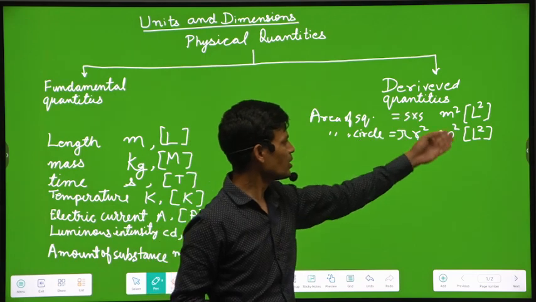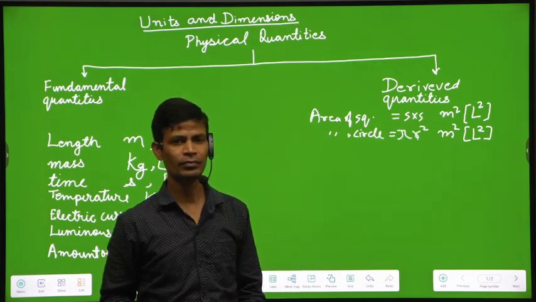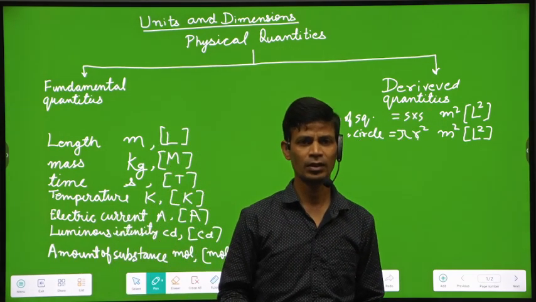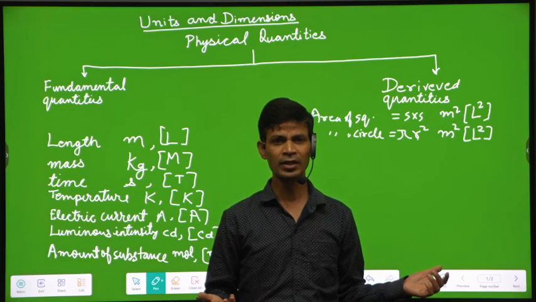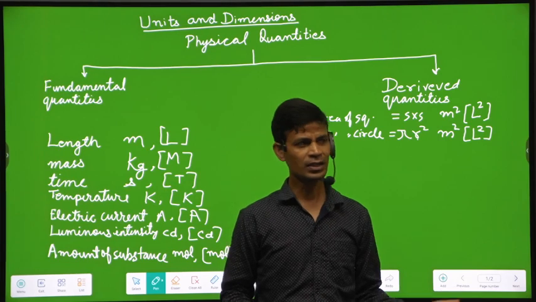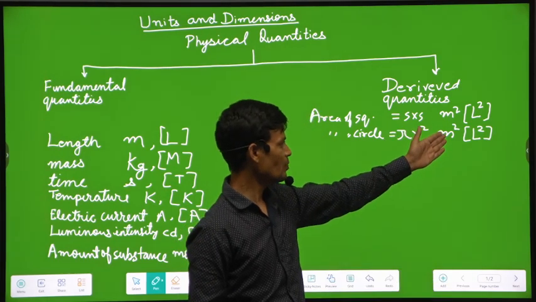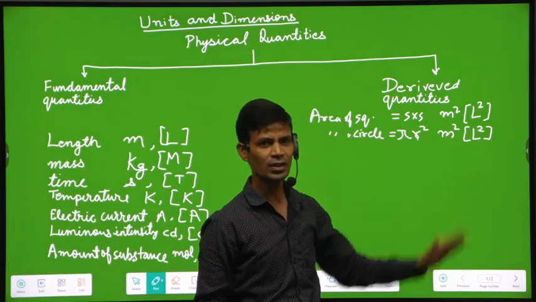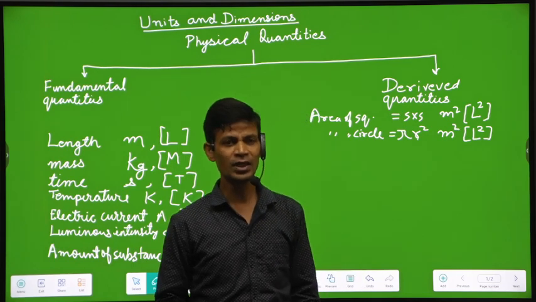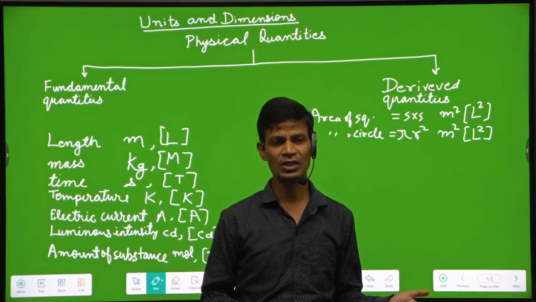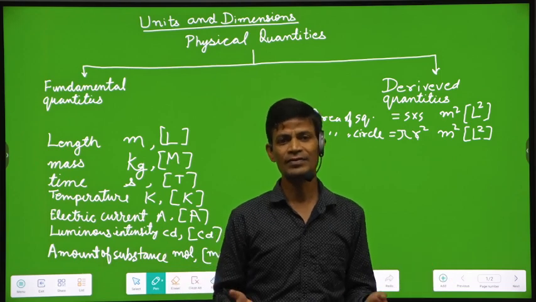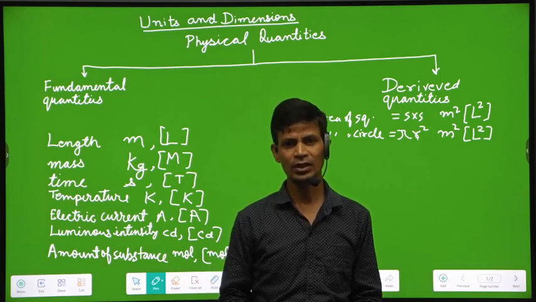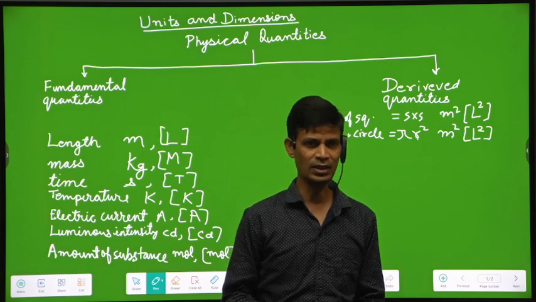So from here we can conclude that no matter which geometric figure we are taking, if we are measuring its area, then its unit will be the same, meter square, and its dimension will be the same. So it means that if there are a number of physical quantities but they have the same nature, then their unit and dimension will be the same.